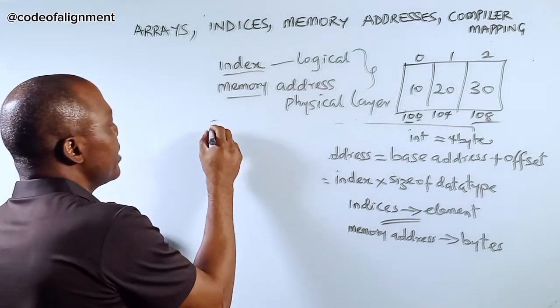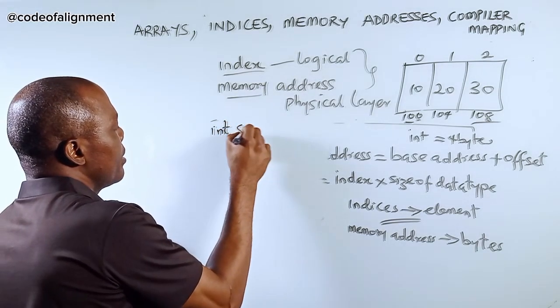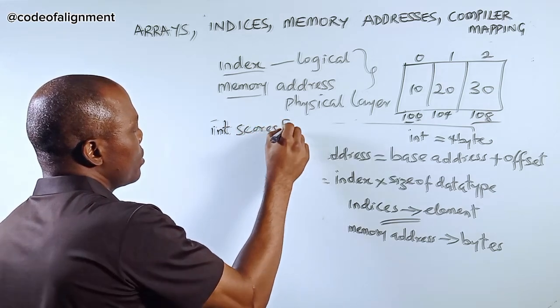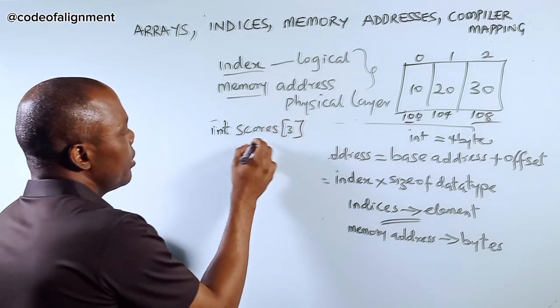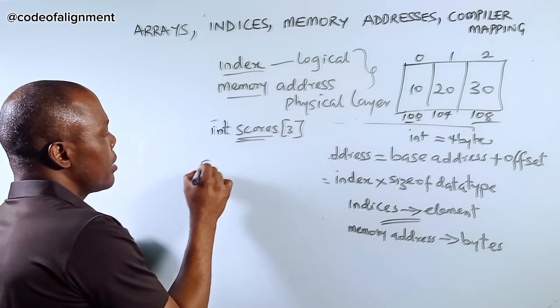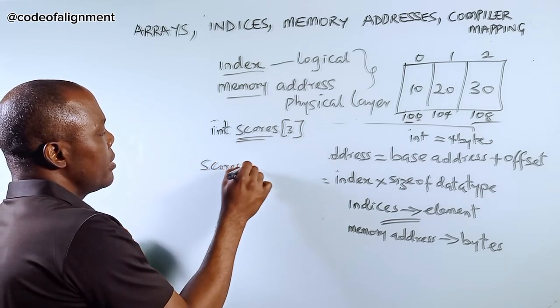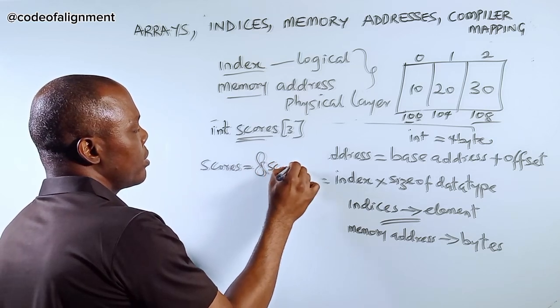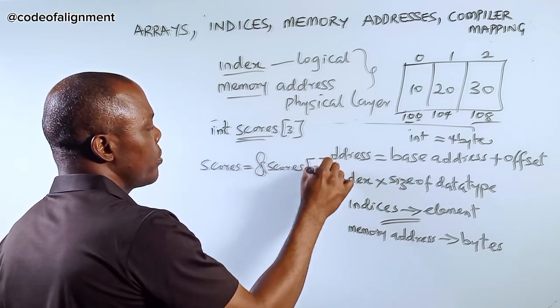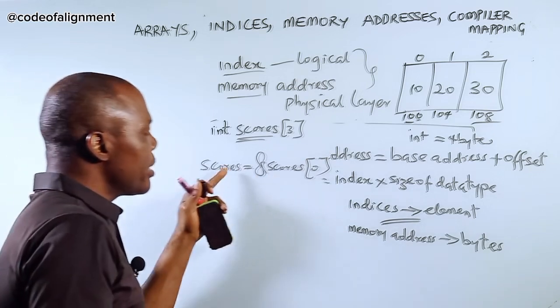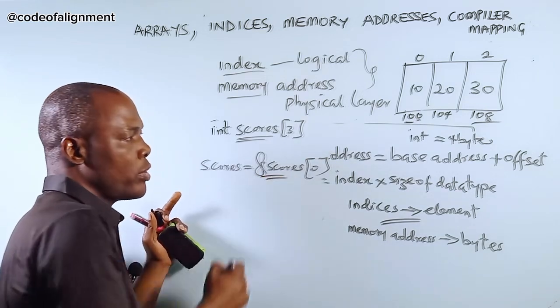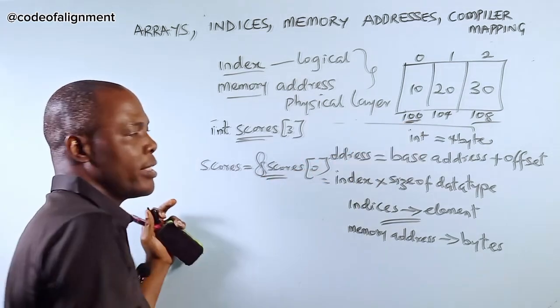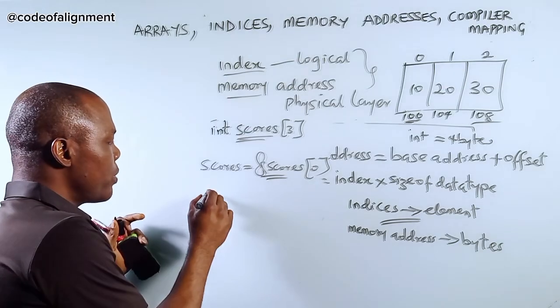So when we are saying int scores, right? This scores is the same thing as address of scores 0, meaning it's pointing to the address of scores 0, which is what? The base address.